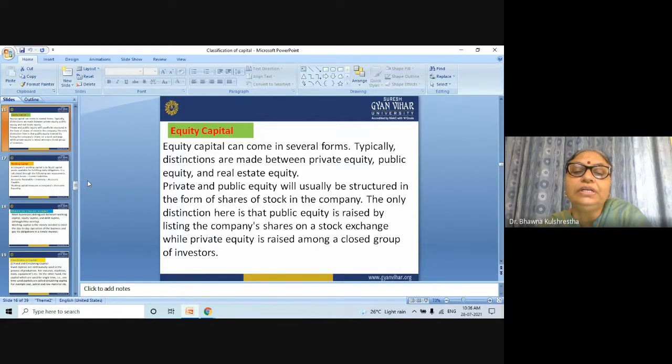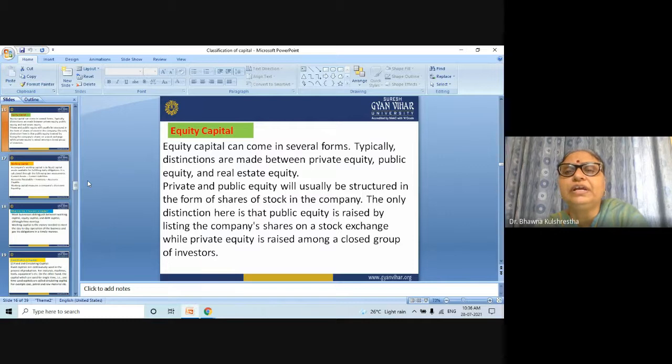The only distinction here is that public equity is raised by listing the company shares on a stock exchange, while private equity is raised among a closed group of investors. This is the equity capital.